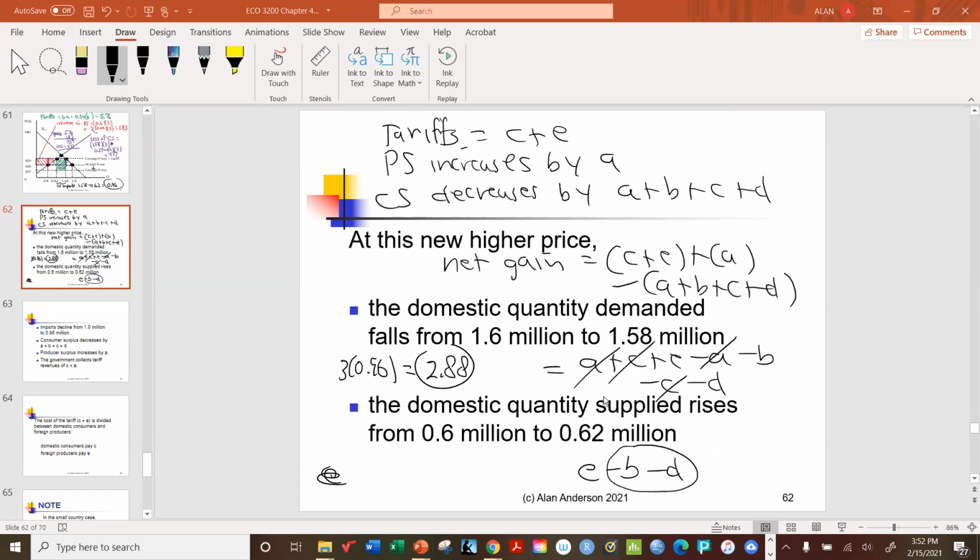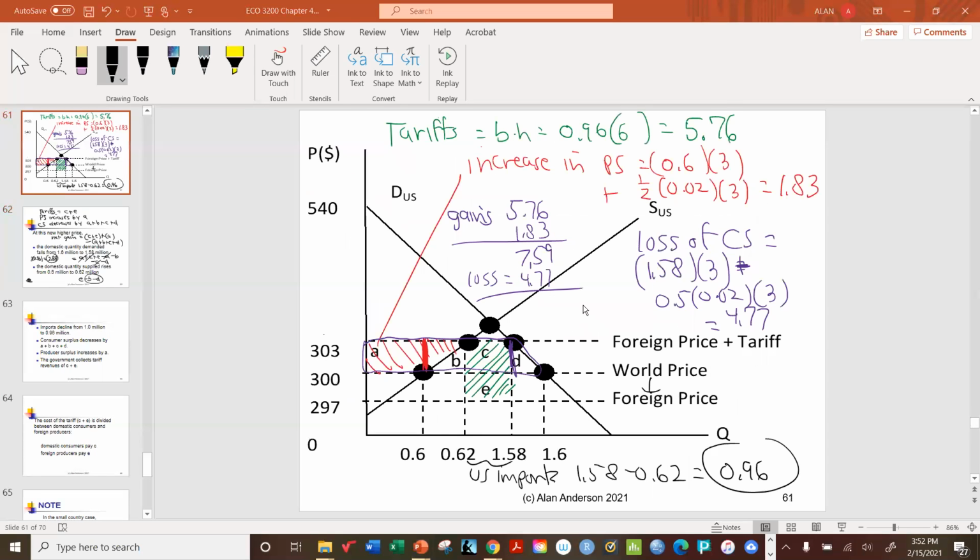And then B and D are both triangles. So it looks like in this case, the triangles are fairly small. This B has an area of 1/2 of 3 times base of 0.02. That's only 0.03. Well, there you go. That's the reason.